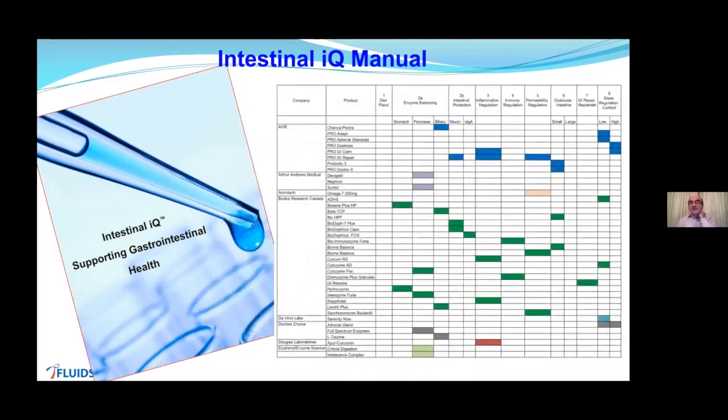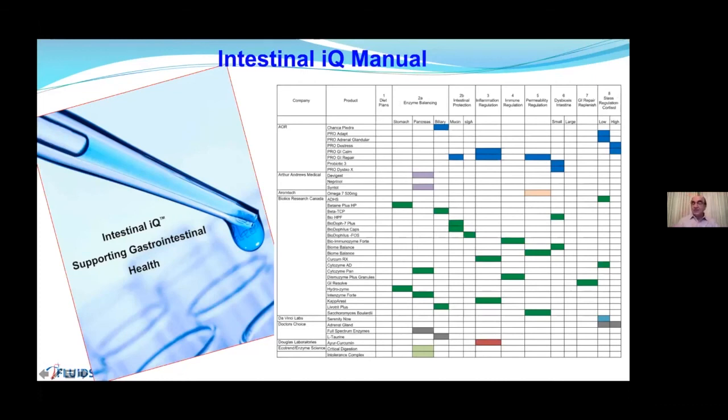And in fact, we have in the back a spreadsheet which includes Biotics Research as well as many others, so that you are able to tell which particular type of supplement you would want to use if you're using supplements to be able to deal with the various staging of treatment for intestinal problems. And in the manual, it goes through the 8 stages of intestinal problems and treatment.